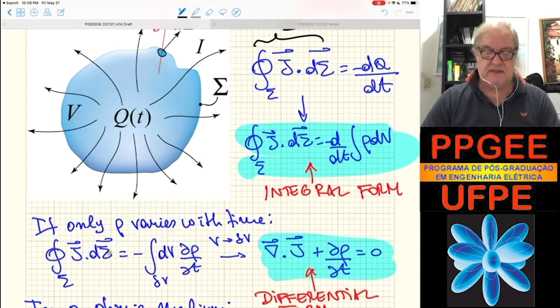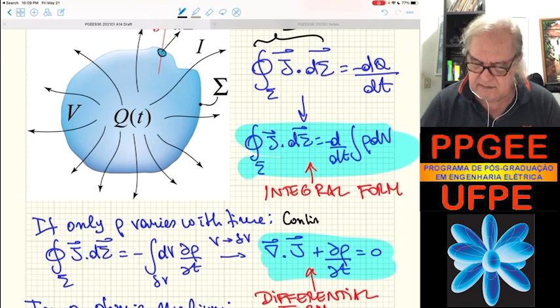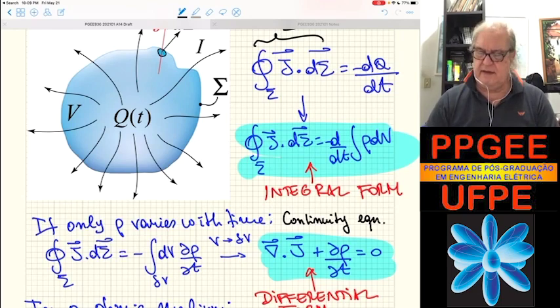And if I apply Gauss's theorem here, and if we make the volume go to a differential volume, then we can easily show that we obtain this differential equation, the differential form of the principle of charge conservation. It is also called the continuity equation. Okay, so divergence of J is balanced by the rate of change, d rho/dt.